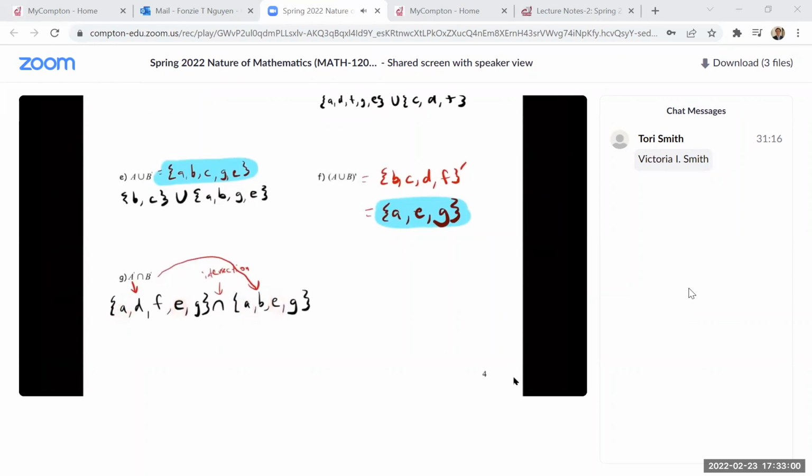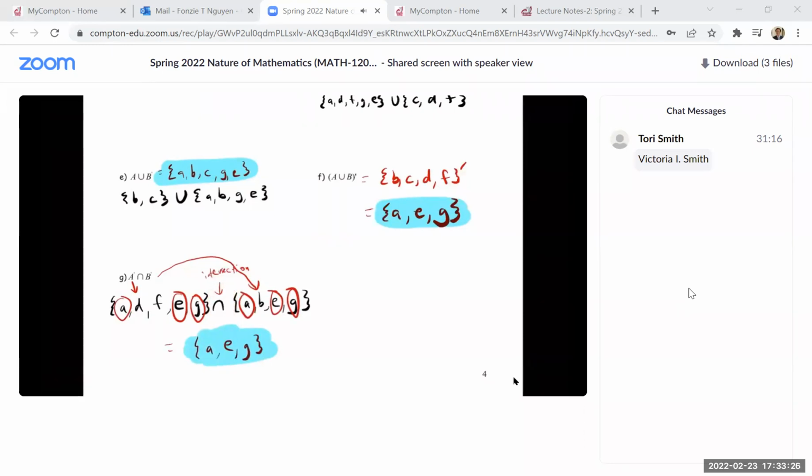E and G. Yeah, so the final answer would be A, E, and G in common. That's the final answer. That's what intersection means. Intersection means the overlap or what they have in common.